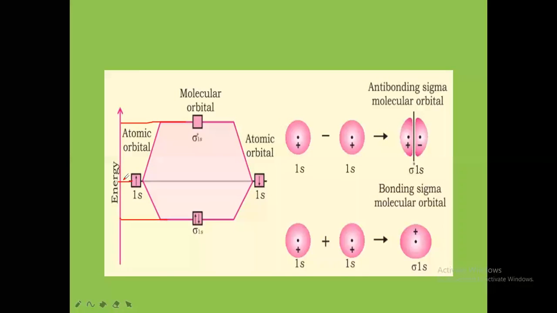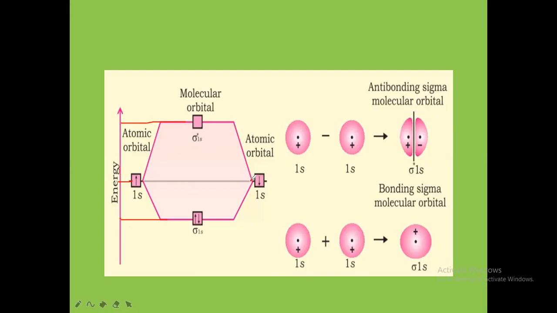What I'm asking is, is the increase in the energy in the formation of the anti-bonding molecular orbital more, or the decrease in the energy of formation of BMO more? This one is more. Here the energy gap is more, you see. That means when atomic orbitals 1s and 1s combine with each other, the nucleus and nucleus, electrons and electrons will repel each other.